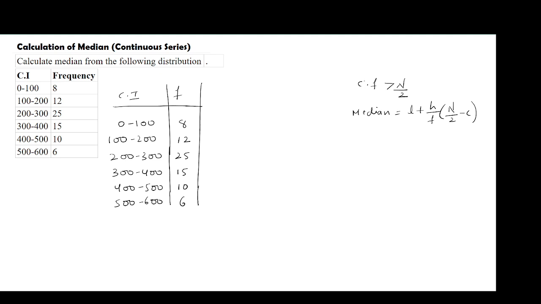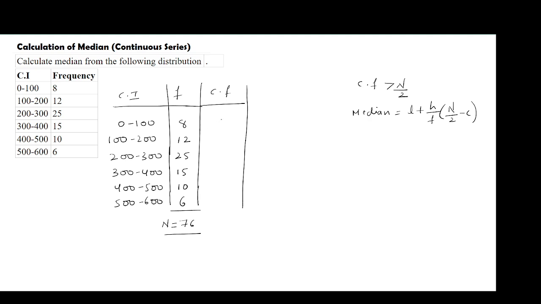Now my first step is I have to find out the n value by adding all the frequency values. So capital N is equal to total of frequency, that is 8 plus 12 plus 25 plus 15 plus 10 plus 6, and the total is 76. N is equal to 76. Now next step is we have to find out the cumulative frequency.